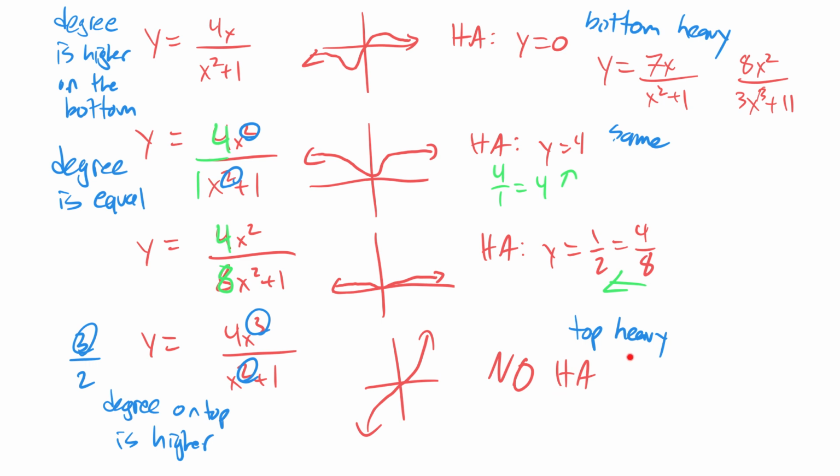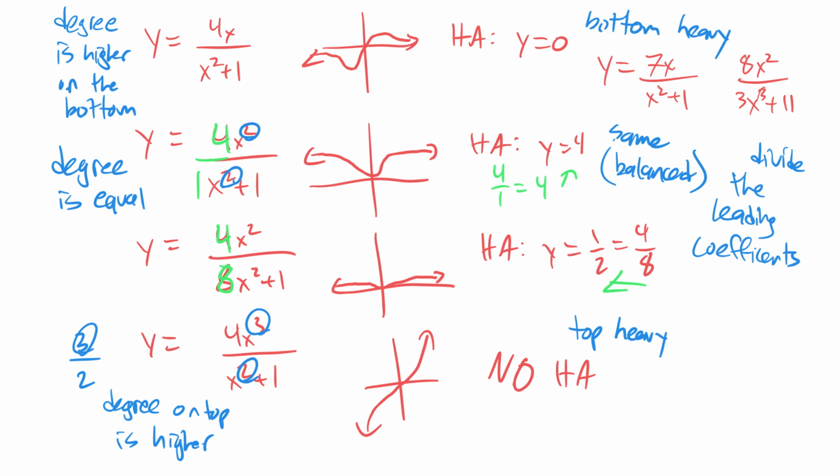If I have a top heavy, no matter what, there will be no horizontal asymptote. And if they're the same, sometimes I call this balanced, then you're going to divide the leading coefficients to determine the horizontal asymptote.